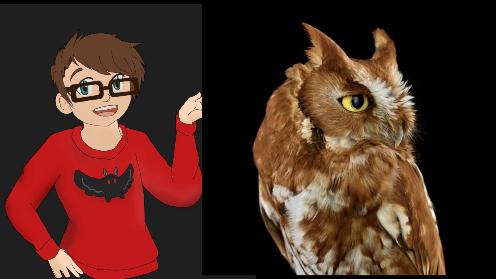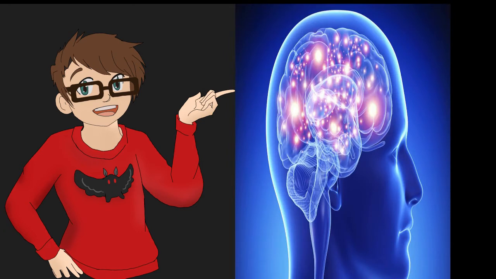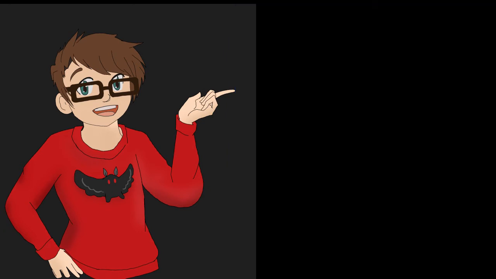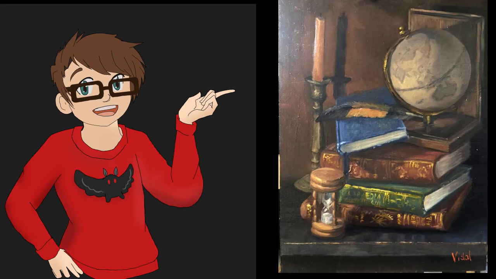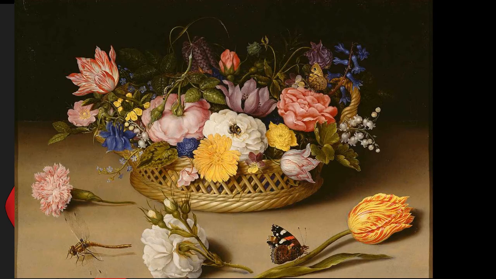Another example of an animal companion would be owls, and the symbolism that an owl has is that they are very wise animals, so they are very smart. Aside from companions, you could also show these same values through objects in the background, such as books or a globe together, which would show worldly knowledge. Or you could also include flowers to show, like, beauty.